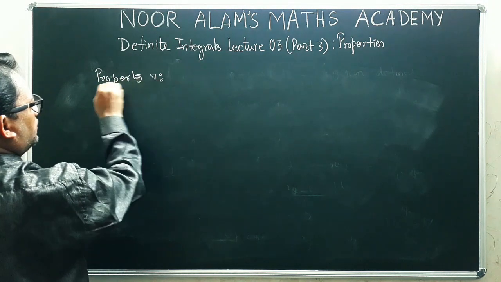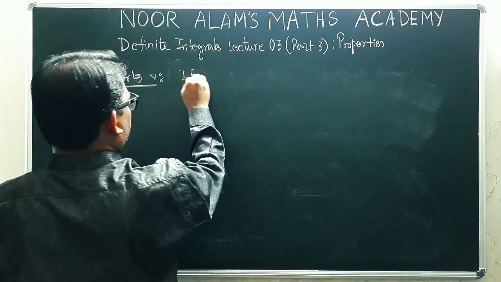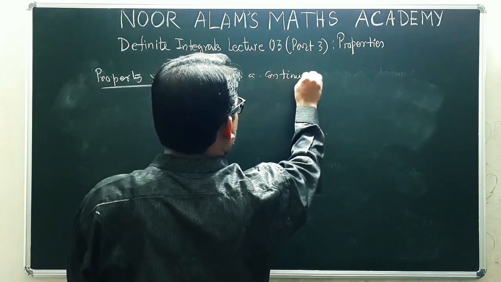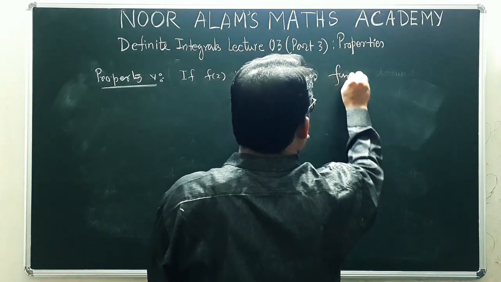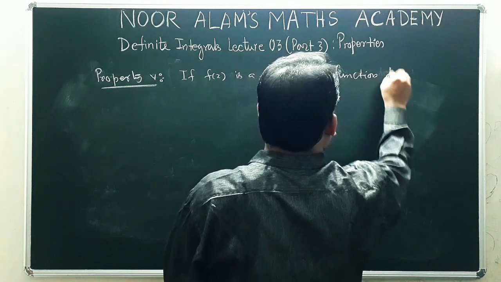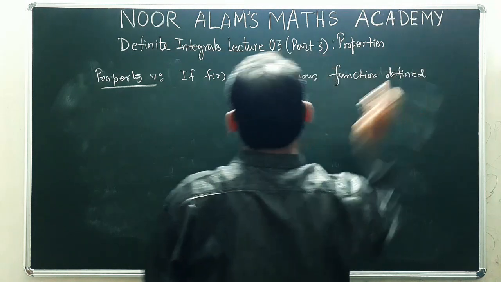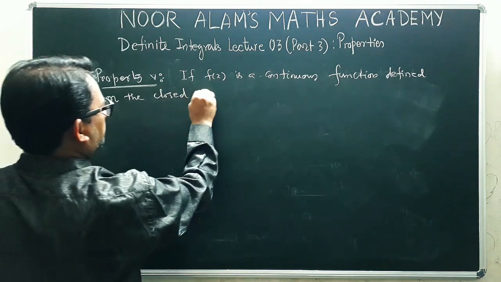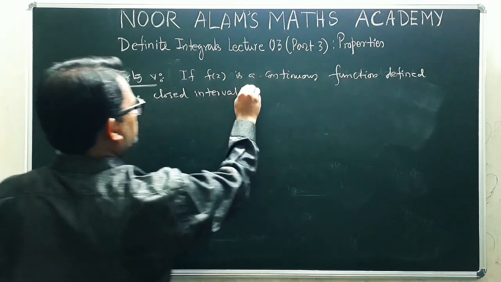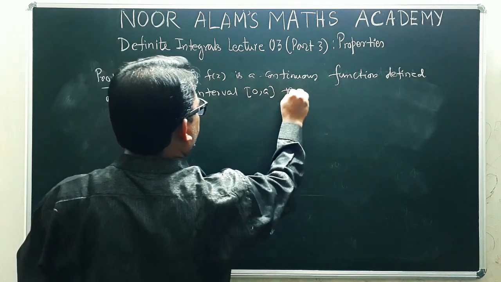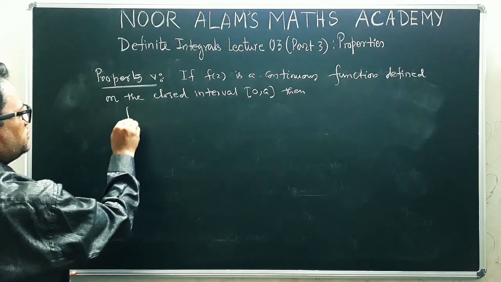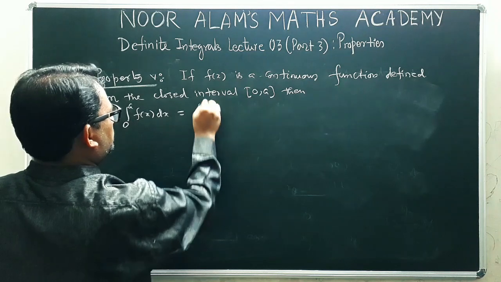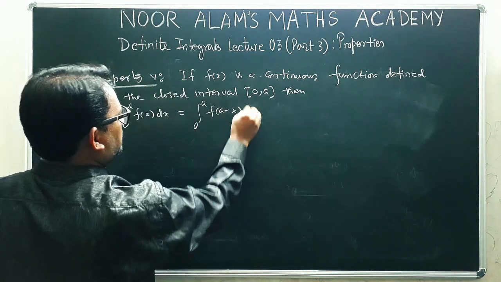Property 5 says that if f(x) is a continuous function defined on the closed interval 0 to a, then the integral from 0 to a of f(x) dx is equal to the integral from 0 to a of f(a minus x) dx.